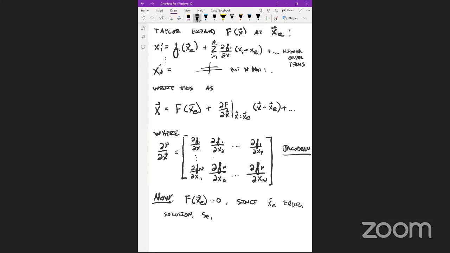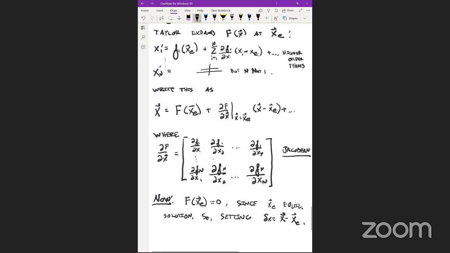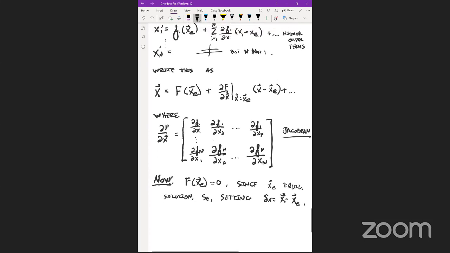So setting delta x equals the difference between x and the equilibrium solution, we're going to have that delta x prime is equal to, well, the equilibrium solution is constant, so we take the derivative with respect to time and we just get zero.